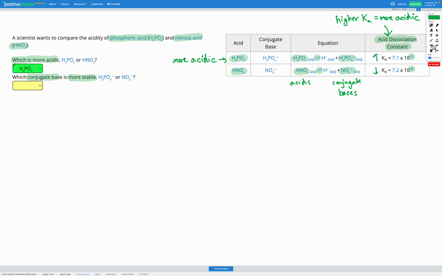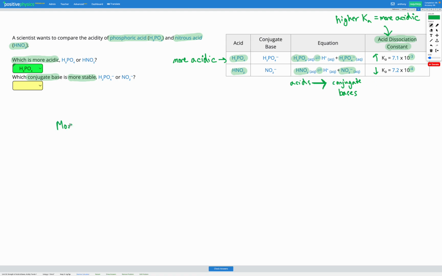If we have a stronger acid, in other words, an acid which is more acidic, that means we have more of our acid converting into conjugate base. If we have a weaker acid, we have less of our acid converting into conjugate base. And how much is converted into conjugate base depends on the stability of the conjugate base.